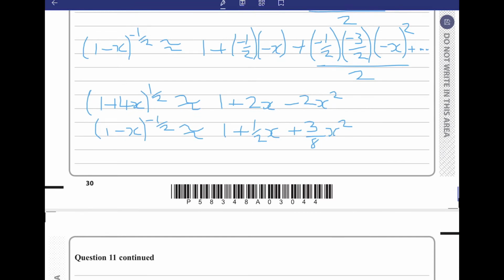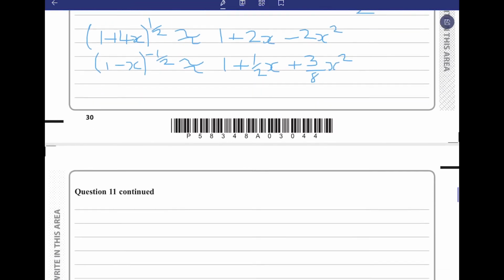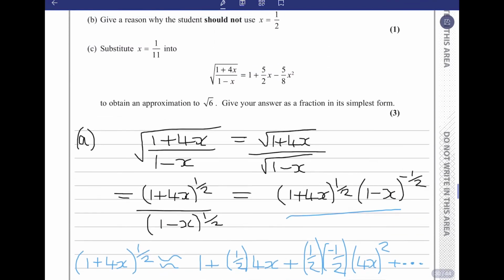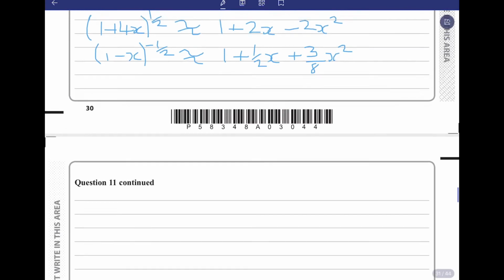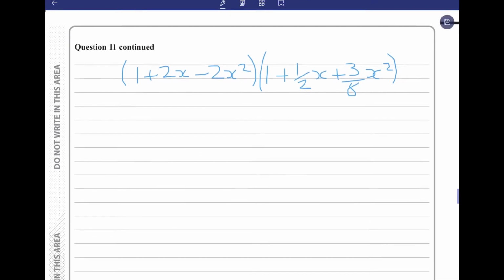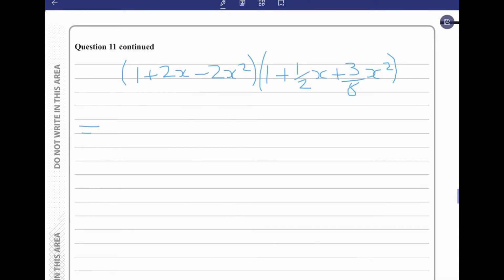Okay, so now all we have to do is multiply these together, as we observed up here. And this will give us, hopefully, the answer. So now we have 1 plus 2x minus 2x squared, times 1 plus a half x plus 3 over 8x squared. And now it's just a case of expanding this out.